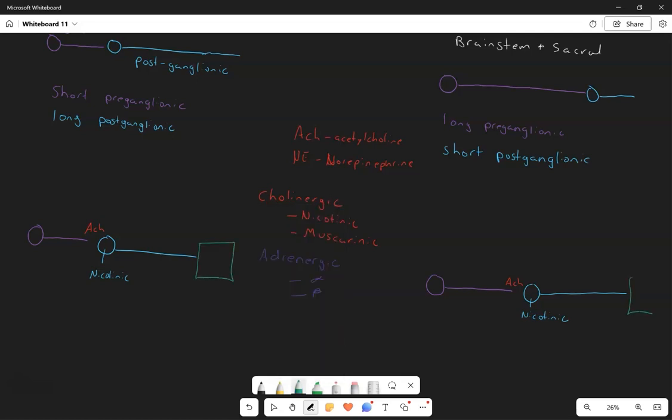Now, down here we have our target tissue. Same thing over here, our target. In the sympathetic division, these are going to have adrenergic receptors, so they're going to have either an alpha receptor or a beta receptor. Over here, they are going to have cholinergic muscarinic receptors.